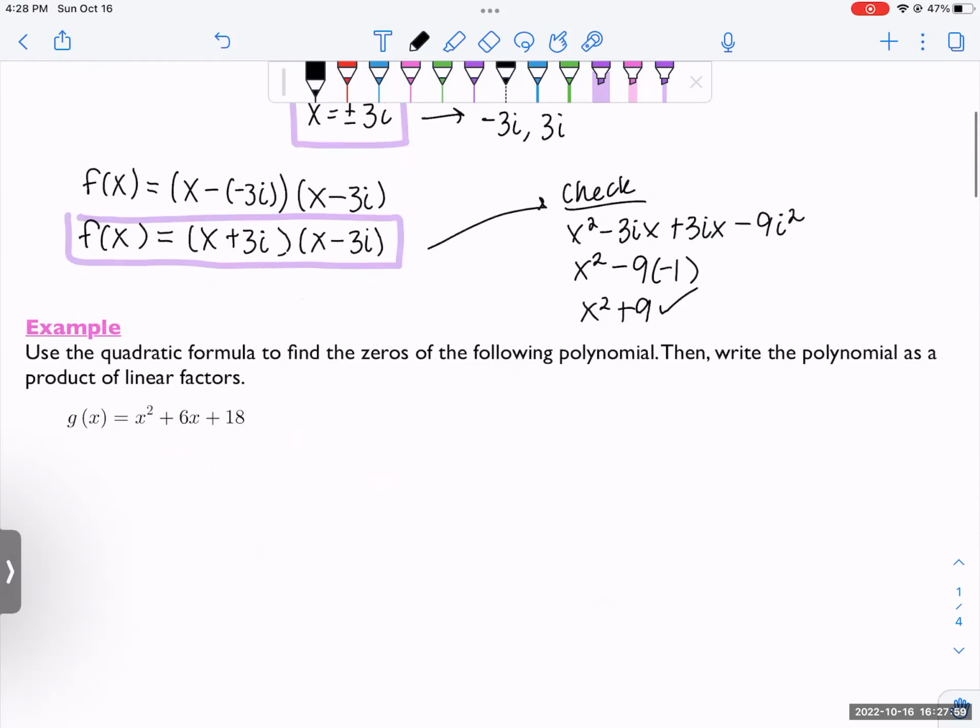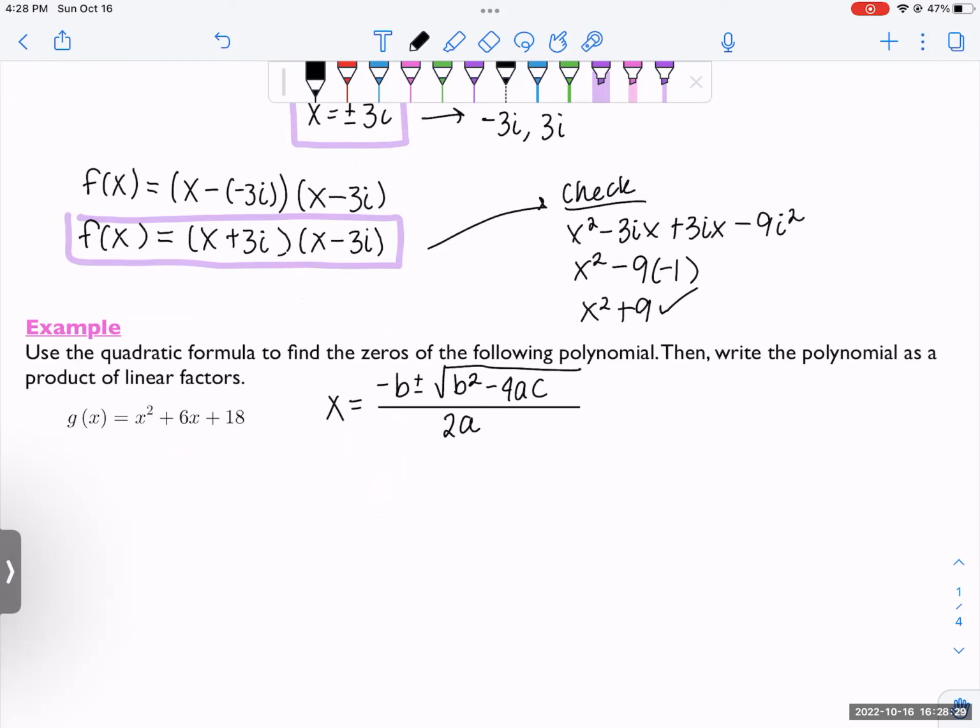Let's look at another one. This says to use the quadratic formula to find the zeros of the following polynomial, then write the polynomial as a product of linear factors. So we're told to use the quadratic formula here. We know the quadratic formula is x equals -b plus or minus the square root of b squared minus 4ac, all over 2a.